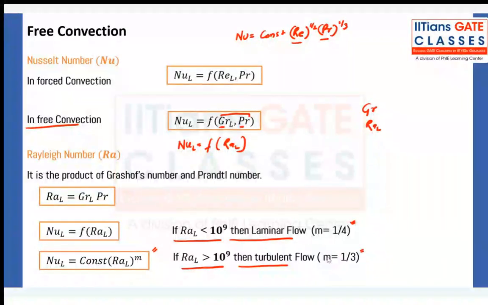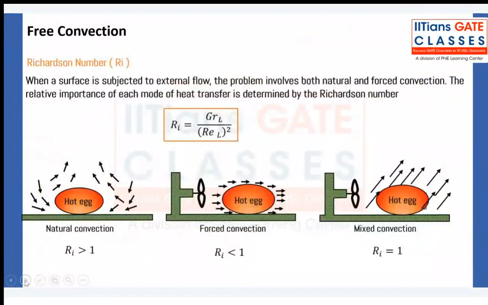The last is Richardson number. It tells you which phenomenon is dominating, free convection or forced convection. We do not need the derivation. It is defined as Grashof's number divided by Reynolds number squared. If a surface is subjected to external flow, the problem involves both natural and forced convection; some fluid flows because of natural convection and some because of forced convection.